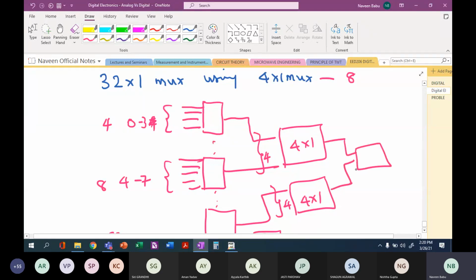So in order to select this, I will use a 2x1 multiplexer and one output will be there. So how many 4x1 multiplexers instead of 8? I might go wrong, right? So that is why I asked, don't decide at the starting itself how many 4x1 multiplexers. I will be able to design this using 10 4x1 multiplexers and one 2x1 multiplexer. This is how you design larger multiplexers from smaller multiplexers.